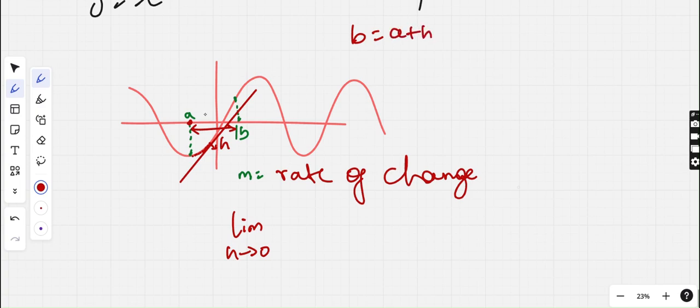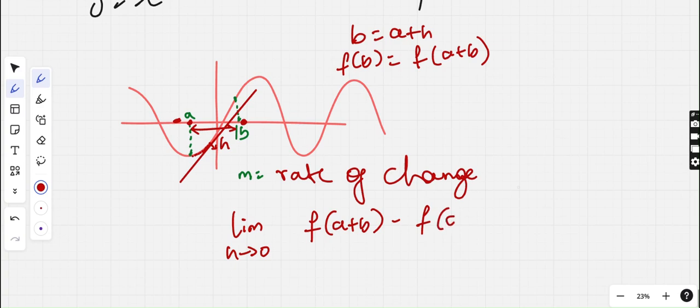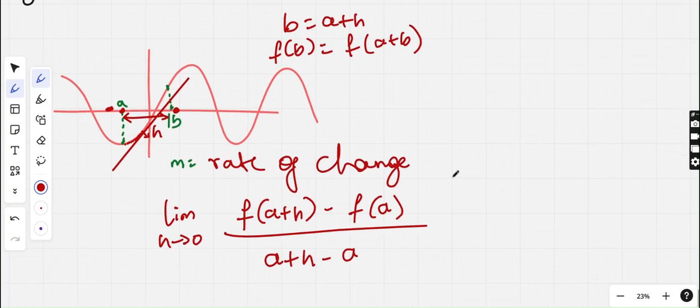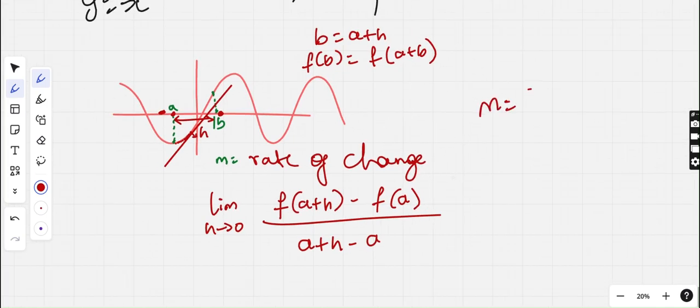So according to the slope formula, higher value minus lower value, so y2 minus y1 goes this way: f of A plus h, which is nothing but f of B, minus f of A, divided by A plus h minus A. I'm just making use of the slope formula, which is y2 minus y1 over x2 minus x1. Previously we know this formula, but this is how we create this formula.